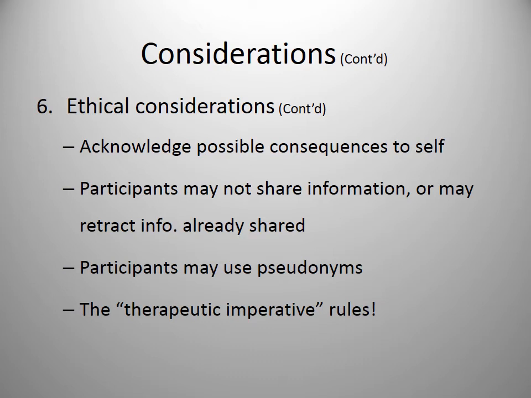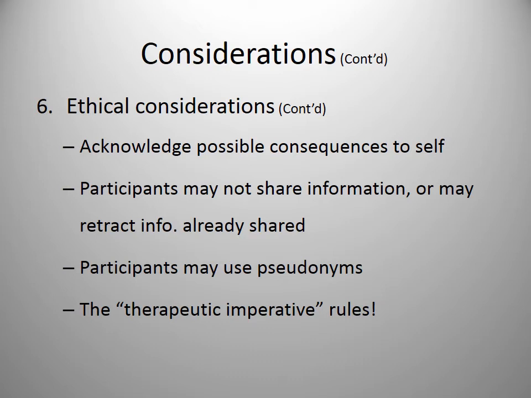The participants are allowed to share information or retract information that's already been shared, and then they're made aware of this. Participants can use pseudonyms so that, if somebody's name is Steve Jones, the pseudonym might be Gary Glass.